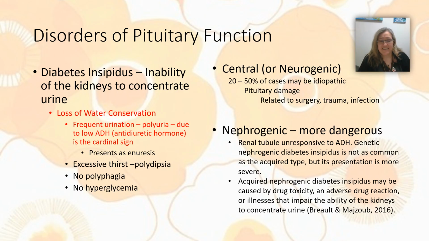Like I said, it has nothing whatsoever to do with sugar or with the pancreas. So you can have central diabetes insipidus, or you can have neurogenic diabetes insipidus. So I know in the adult population, you have a lecture on this where it's generally treated as something that's temporary, but that's not the case in a lot of pediatric cases.